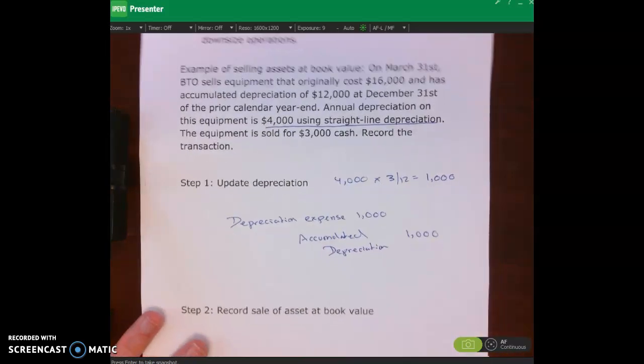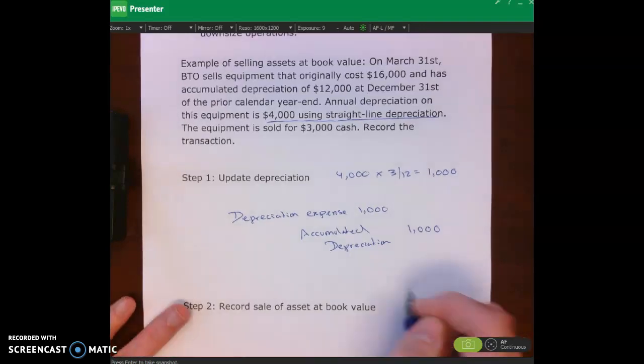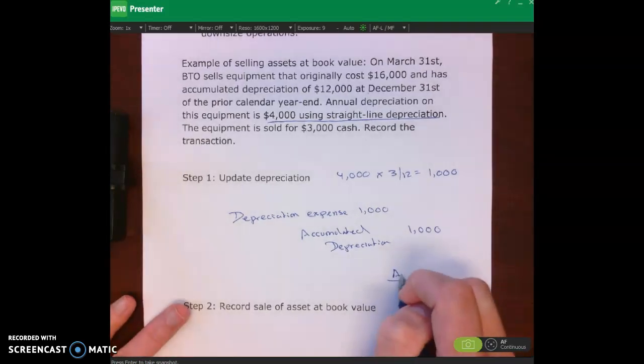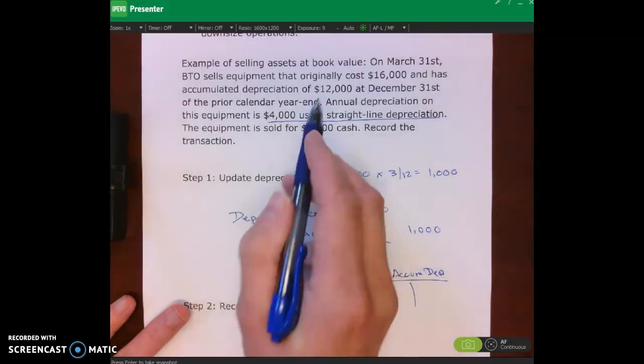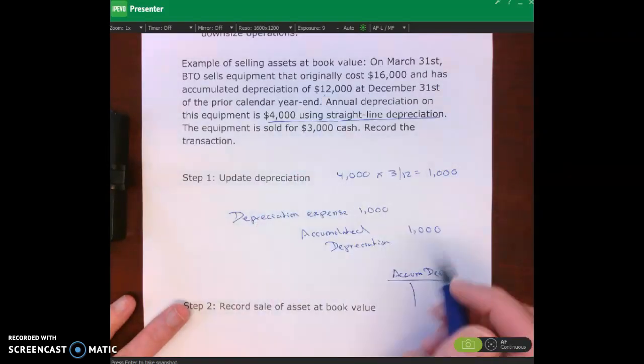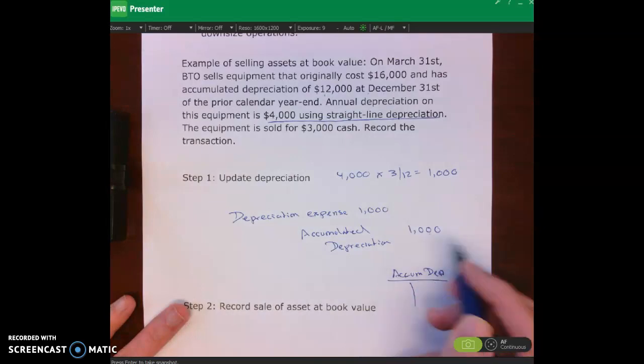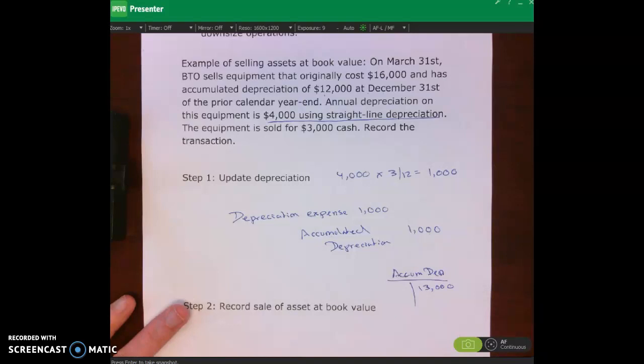Okay, that will be my journal entry. Now we can look at our T account over here for accumulated depreciation. So remember, I had this $12,000 and then I added another one, so I have $13,000 in accumulated depreciation.